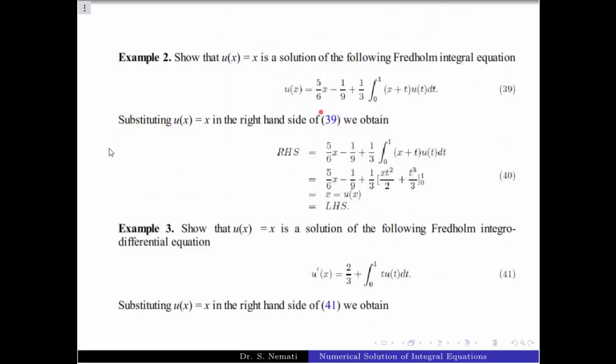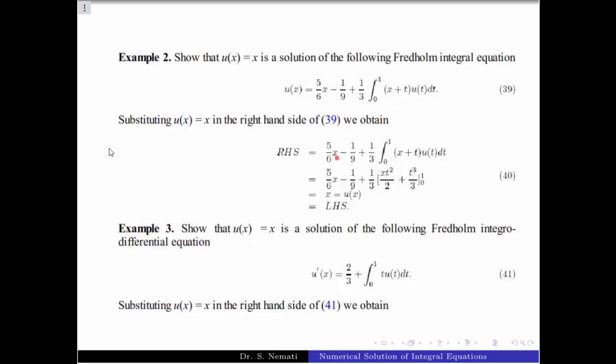Another example: here, we want to check that the function x is a solution of this integral equation. So I have to obtain the right hand side and check if it is equal to x or not. We substitute the function u of x equals x in the right hand side.